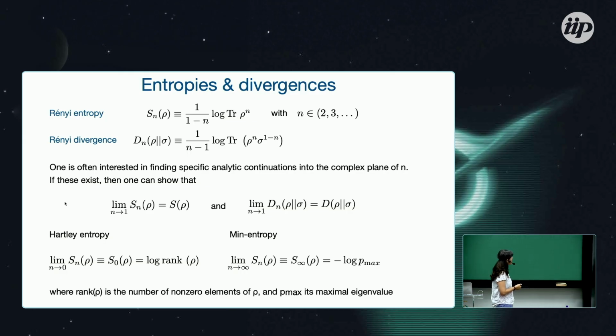And the other two interesting limits for our discussion today will be the n to 0 limit of the Rényi entropy, which is known as the Hartley entropy, a measure of the number of non-zero elements of the density matrix, and the min entropy, which is instead the n to infinity limit, and which captures the maximal eigenvalue of the density matrix.